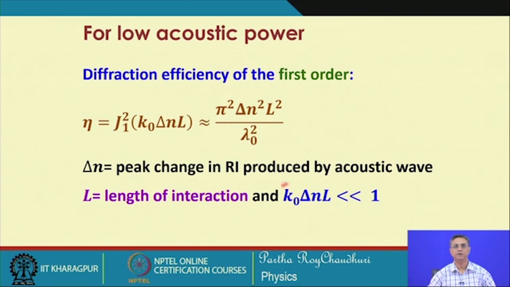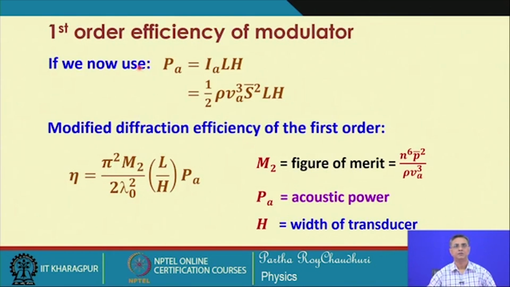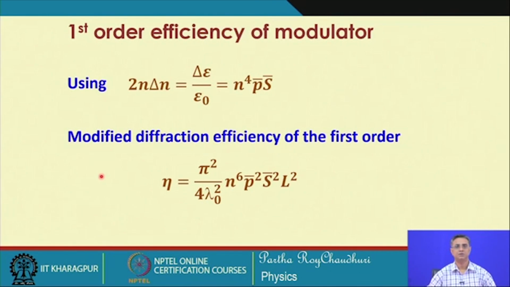Therefore, this will be less than k 0 delta n L. For the first order efficiency of the modulator, if we now use the relation between acoustic power and acoustic intensity, we can write the diffraction efficiency for the first order in this form, with very simple straightforward algebra. And M2 is the figure of merit, which is given by this, and P, A and H are defined as the acoustic power and so on.